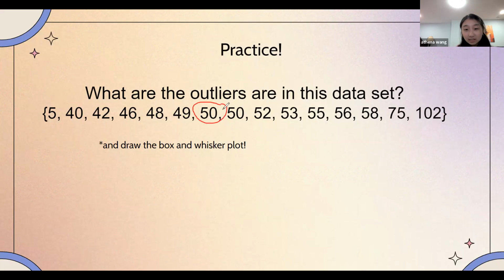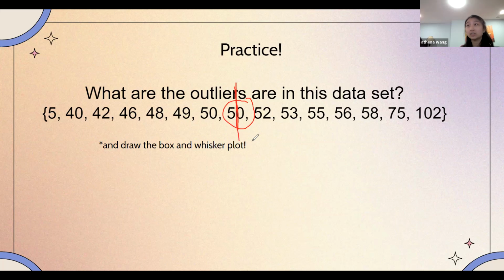There are 15 values. So we take the 8th value, and the 8th value is this 50 right here. So this is our median.